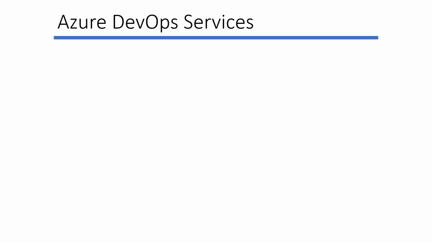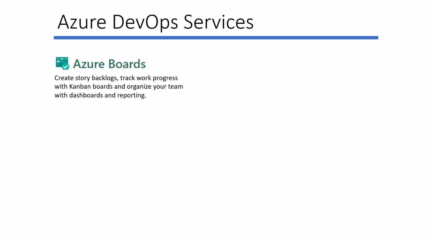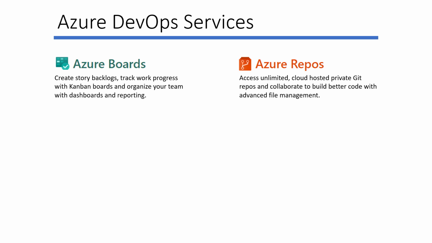More specifically, with Azure Boards, we can deliver value to our users faster using proven agile tools to plan, track, and discuss our work across teams. With Azure Repos, we get unlimited cloud-hosted private Git repos and collaborate to build better code with pull requests and advanced file management.